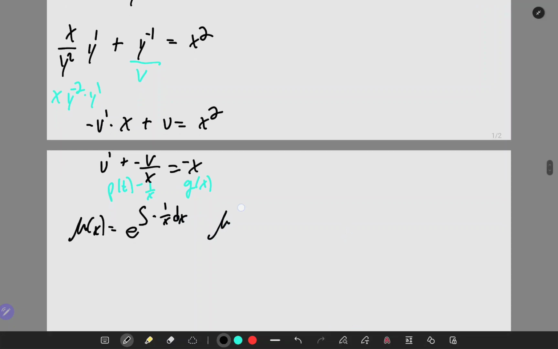So then our mu of x is equal to e to the negative natural log of x. And remember, that constant, when we do integrating factors, we assume it's non-zero, so we can assume it's just 1. So the constant disappears, right?